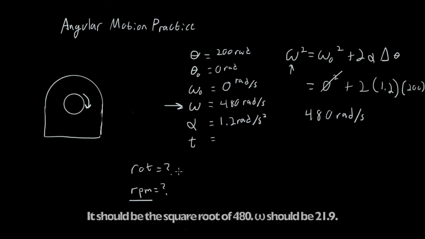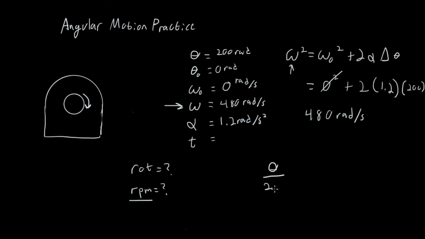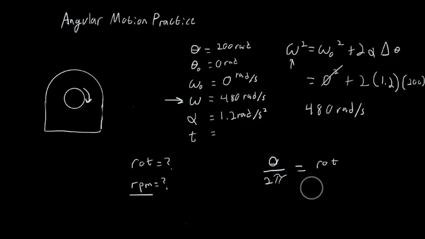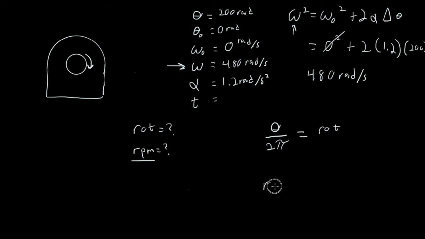And then I want to get my number of rotations. Well, to do that, once again, I'm going to remember there are 2 pi radians in each rotation. So I'm going to convert by dividing by 2 pi radians. It's going to give me my number of rotations. Another way I can set that up is I can say I've got radians, and I want to go to rotations. And I know that in each rotation there are 2 pi radians.